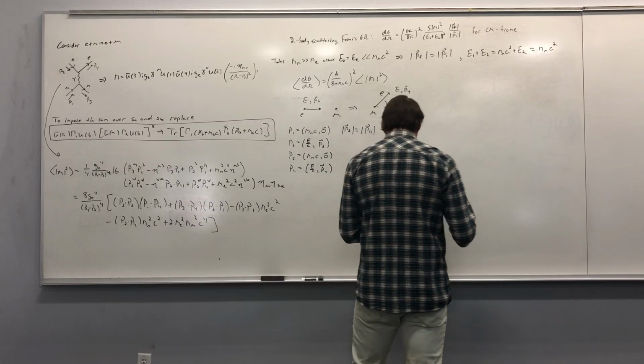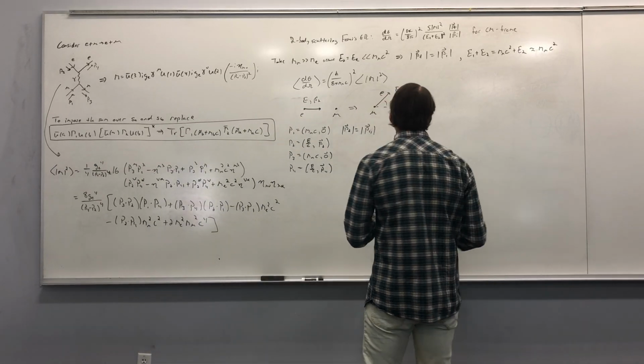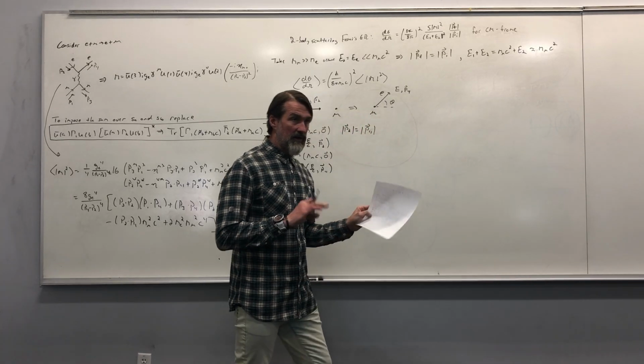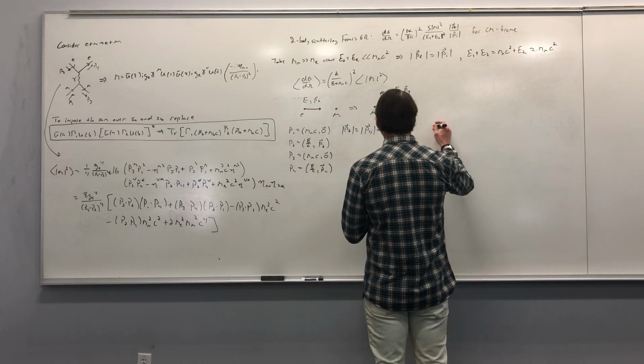When we do so, we will find the following. I'm just going to skip straight to the answer, and you can look up the details in my notes. Okay, here we go.